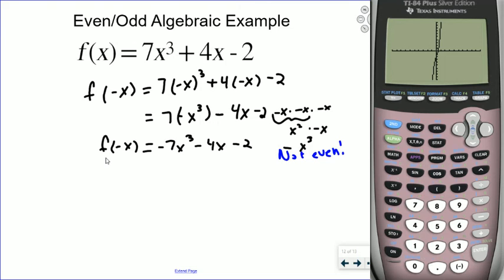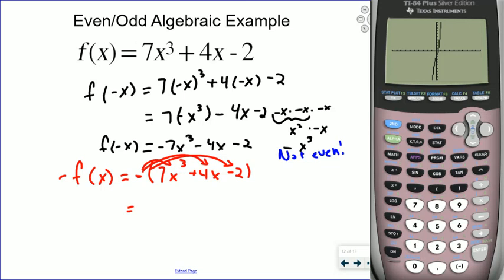So we want to check and see, all right, what is negative f of x? What if we take the opposite of that function? That's going to be the same thing as negative times our original function, 7x cubed plus 4x minus 2. And then we're going to distribute that negative into our function. When we do that, we get that negative f of x is going to be negative 7x cubed minus 4x plus 2.